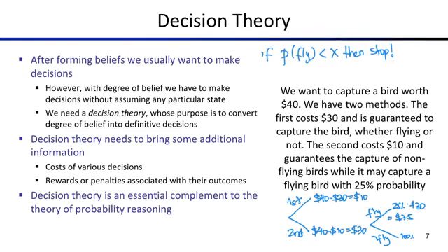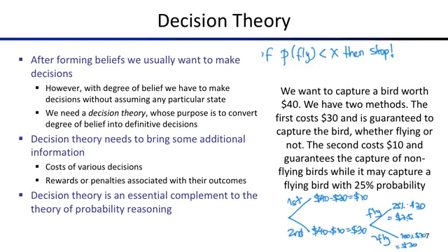Because we are not capturing every bird that we try, we're just capturing one in every 4. So if we repeat this experiment a large number of times, on average we will have a profit of $7.5. On the other side, for a non-flying bird, it's going to be 100% times $30, which is $30.